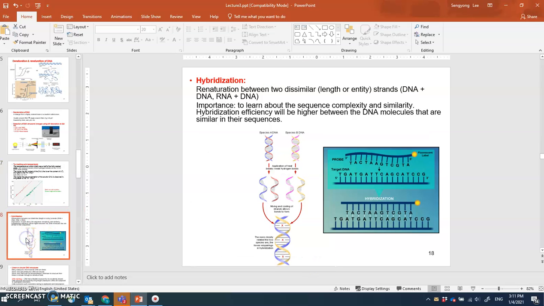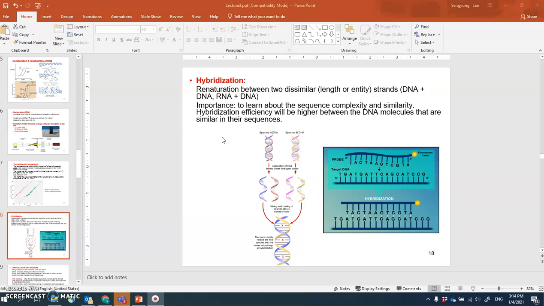Now we're going to talk about another term, hybridization. We learned about denaturation and renaturation. Then what is hybridization? Think about the renaturation process, when 2 single-strand DNAs come back together and make a double-strand conformation.